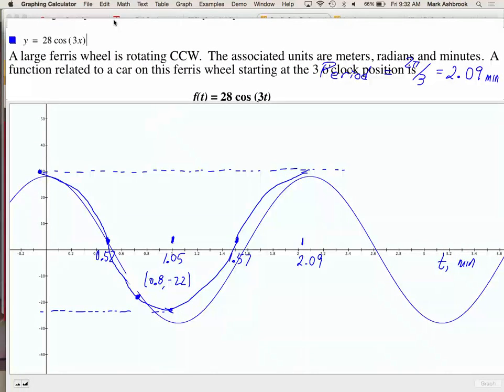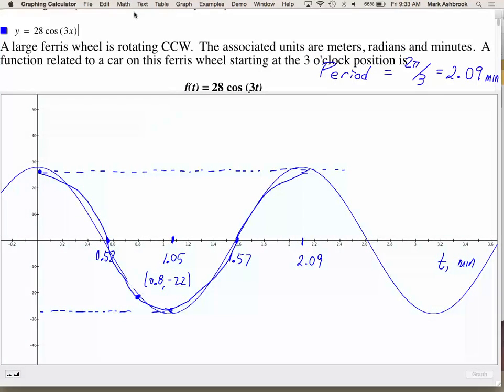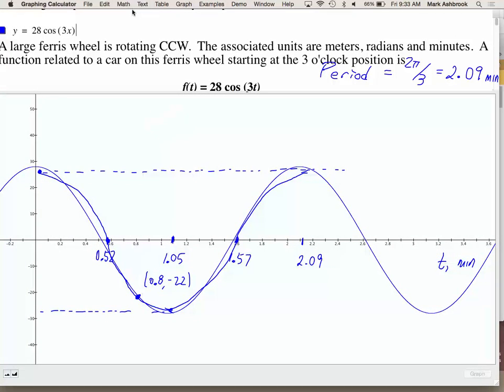What was the wording you used for 0.8 and negative 22? You tell me. What's 0.8 and what's negative 22? Minutes elapsed since the 3 o'clock position.